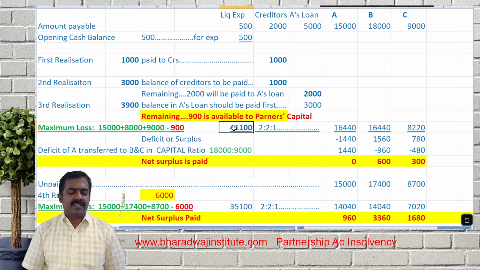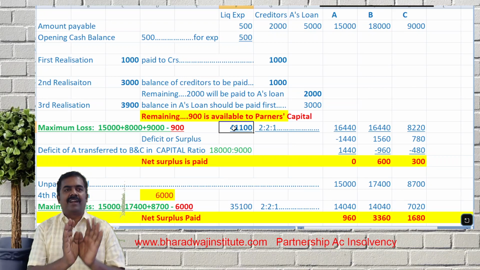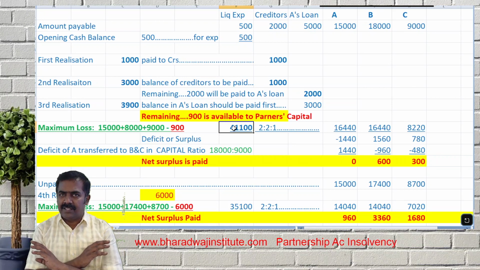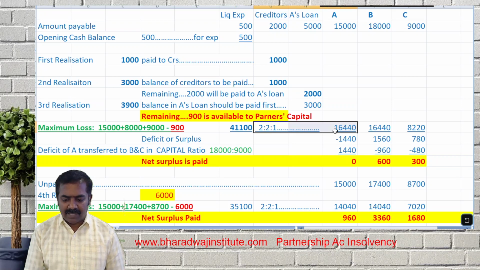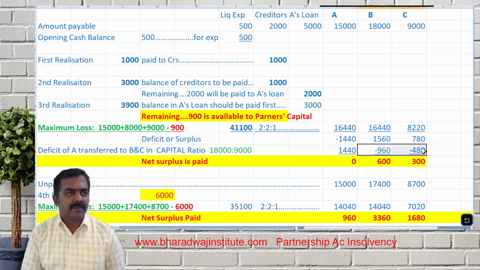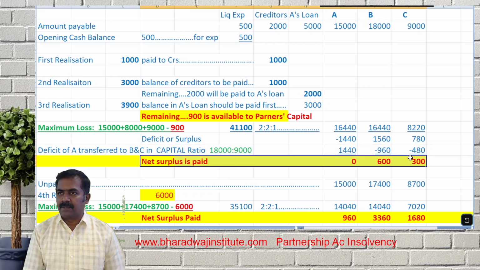Sir, future realization is there. But let us assume we are in August month. In this month we have 900 cash. Future realization has not happened; all assets are not realizing at all. How much will partners lose? 41,100. That's maximum loss. Transfer it. If you find a deficit, the deficit should be transferred to solvent partners in which ratio? Capital ratio. After adjusting all these, you pay the surplus.